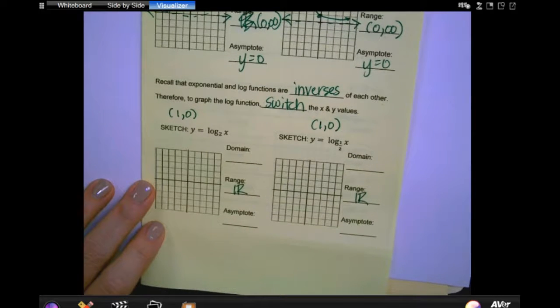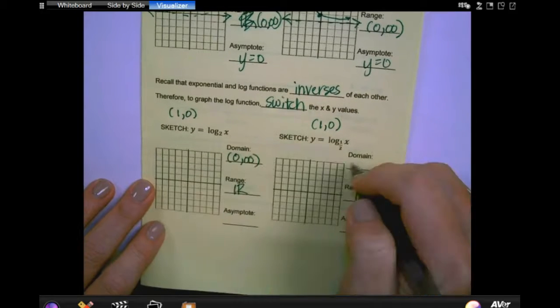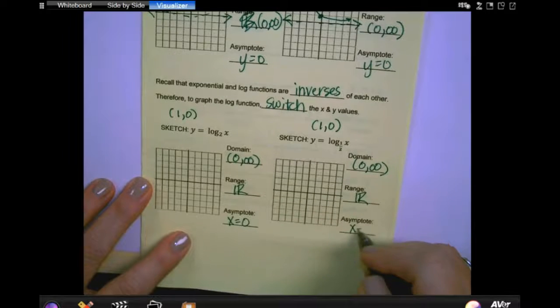And the range is 0 to infinity, so the domain is, there we go. If the asymptote is y equals 0 for the exponential, it's going to be x equals 0 here.